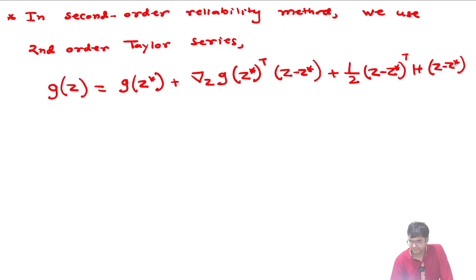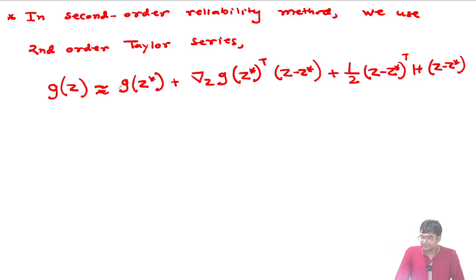It is basically the second order derivatives, right? And this is my second order expression. So I should write here approximation and not equal to, because I have truncated the higher order terms.